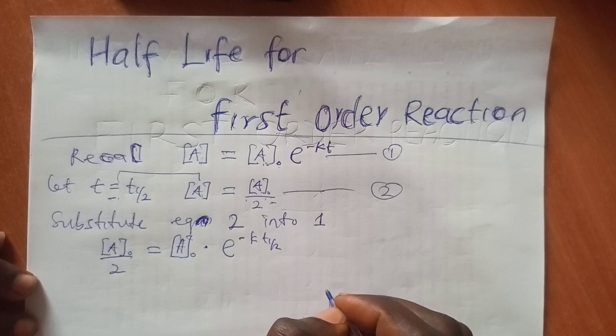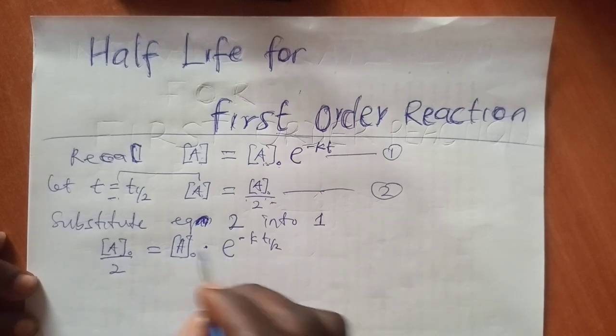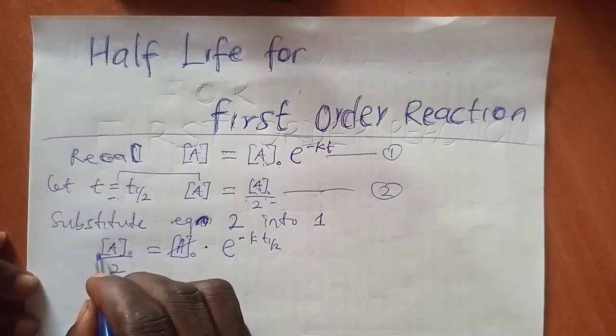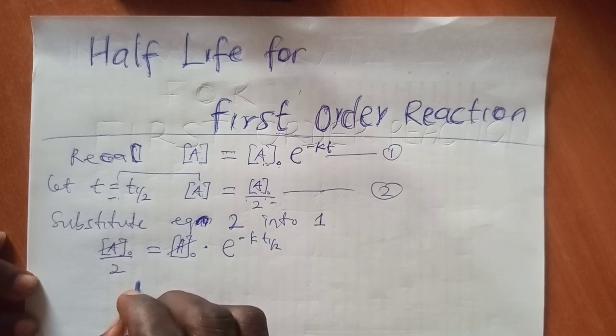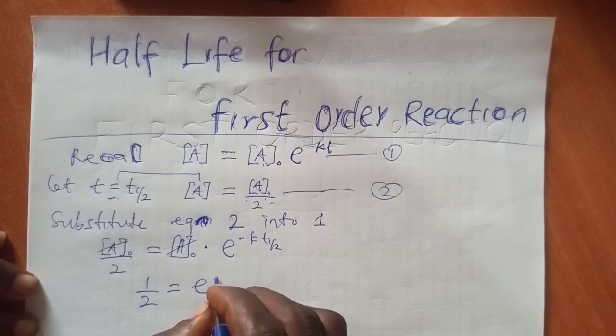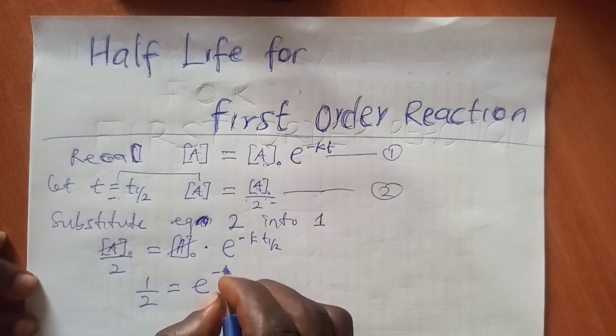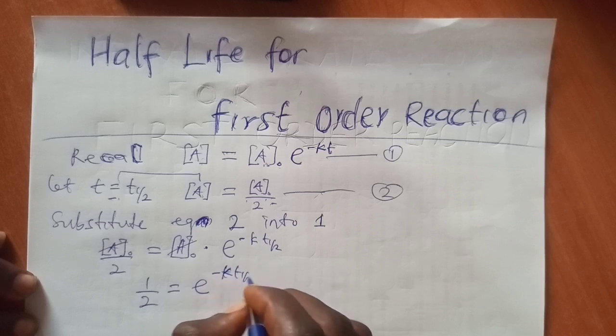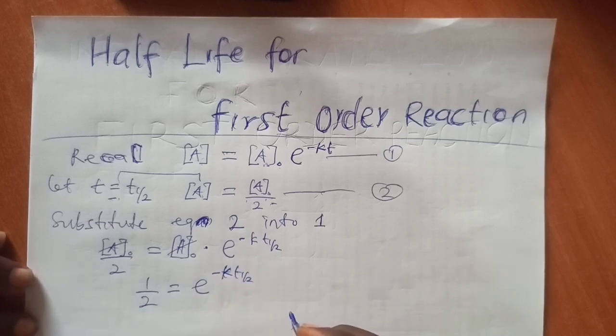If you do thorough calculation in mathematics, this will cancel out. Then you will be having 1 over 2 is equal to e raised to the power of minus k t half. Do you understand what I've just done? I hope you actually do.